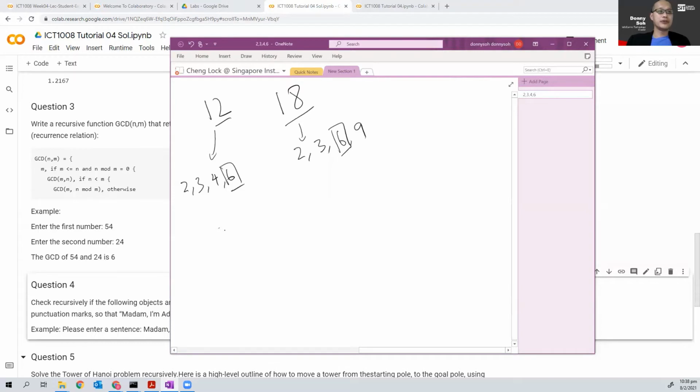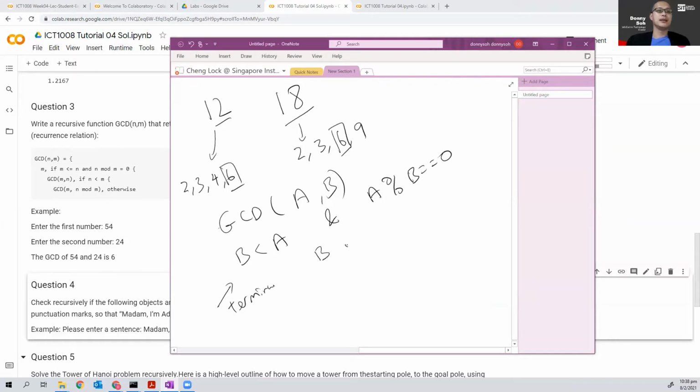GCD of two numbers, let's say GCD of A, B. If B is smaller than A and A mod B equals 0, this is the terminating condition, which means that B is the GCD.